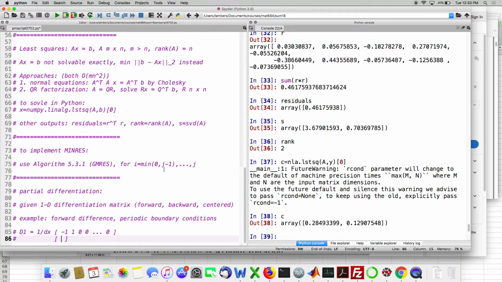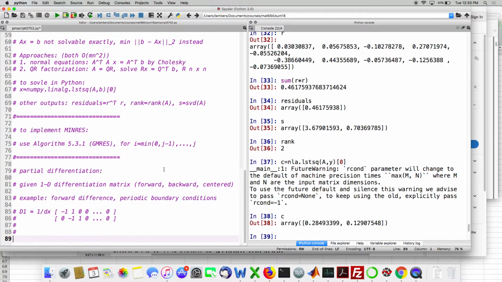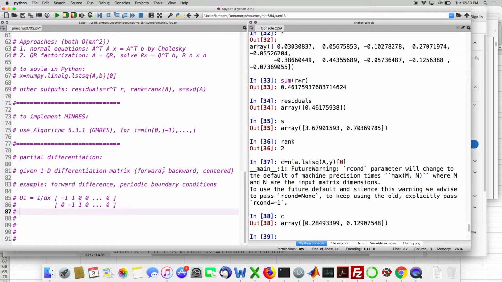So 0, minus 1, 1, 0, and this keeps going. Things don't get interesting again until we get down to the bottom, where on the second to last row we have a minus 1 and a 1. And then this is where periodicity comes into play. I have an extra 1 down here.